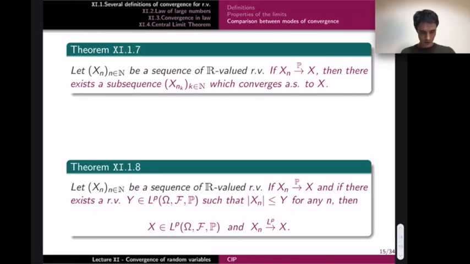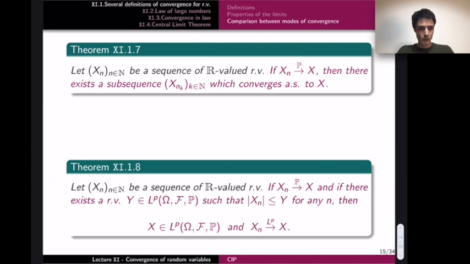So I have a few more results for you, which I will not prove. The first one, you can find the proof in the lecture notes of Le Gall. It is a partial reciprocal to the previous implication. This is very partial. If you have convergence in probability, then this implies that there exists a subsequence which converges almost surely.